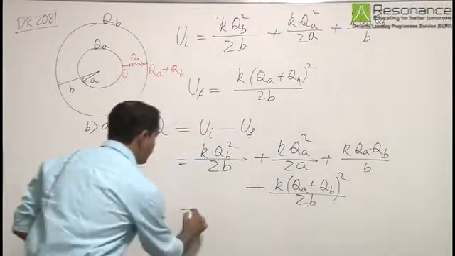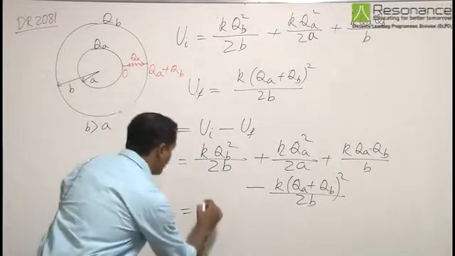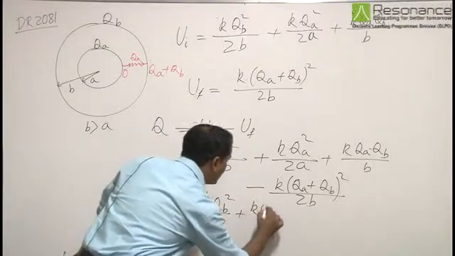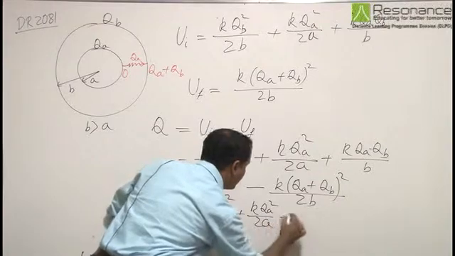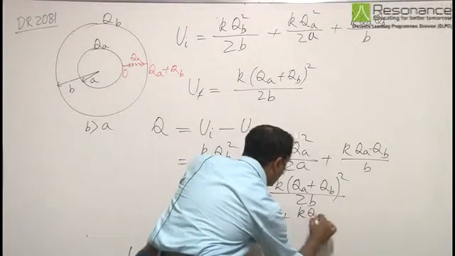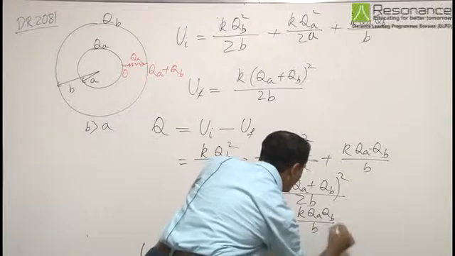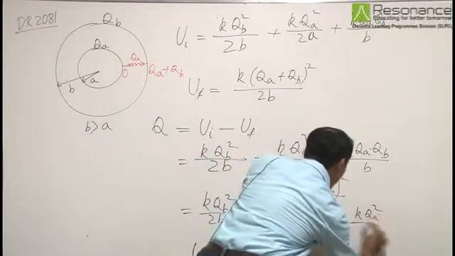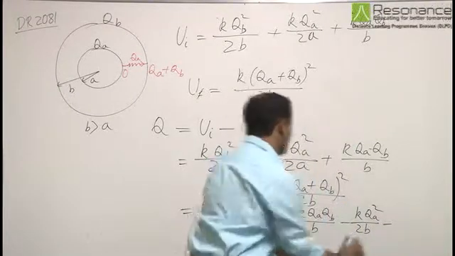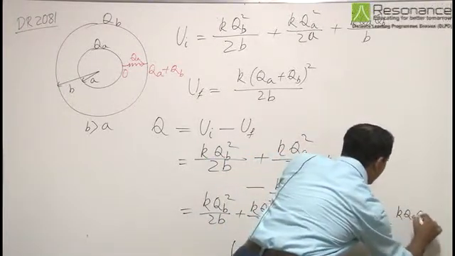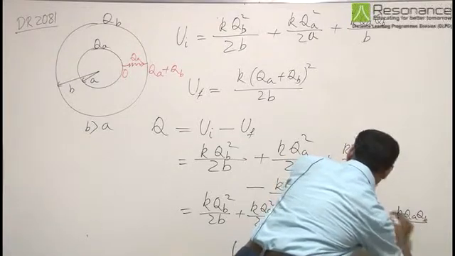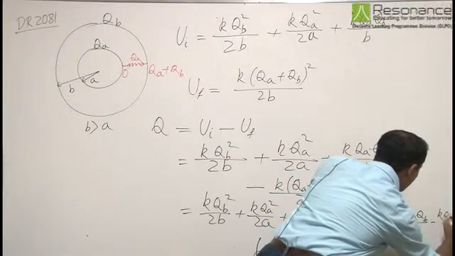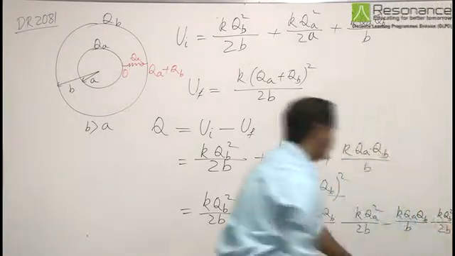So from here this is equal to k qb square by 2b plus k qa square by 2a plus k qa qb by b minus k qa square by 2b minus k qa qb by b minus k qb square by 2b.